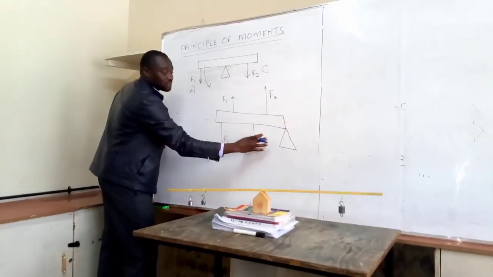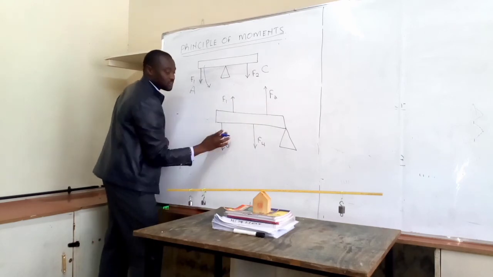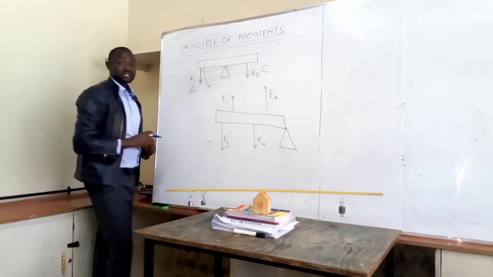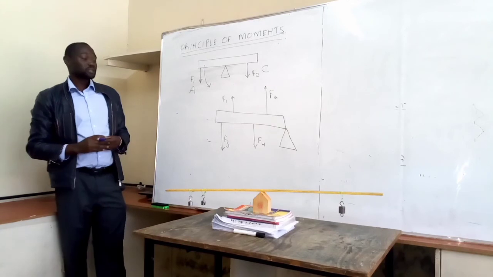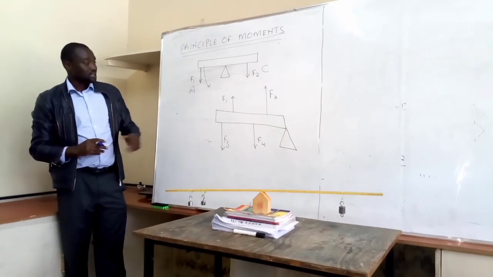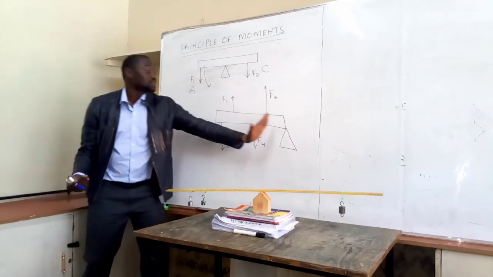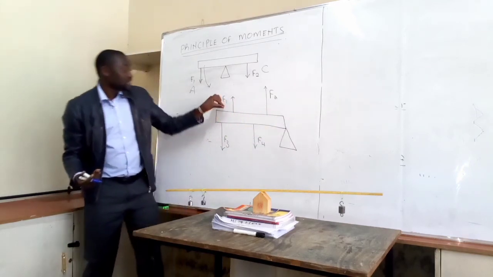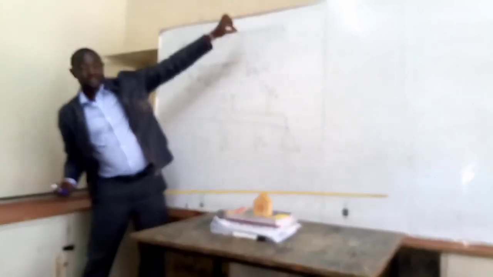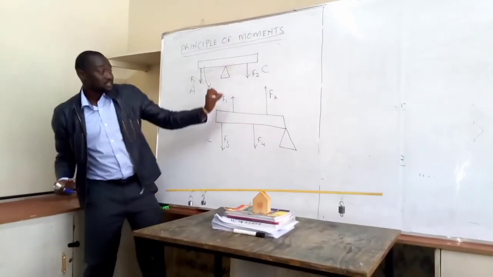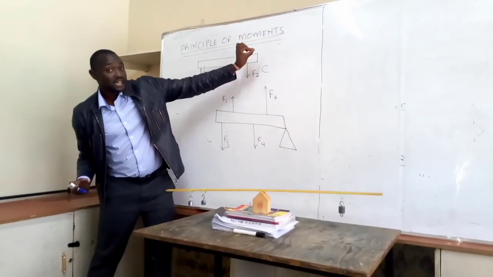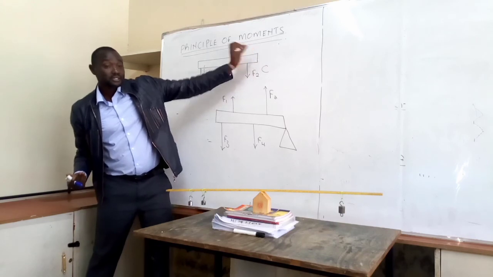By the look of things, which forces here are clockwise and which ones are anti-clockwise? Let's look at F1. I only need to check where the pivot is. This is the pivot. F1, clockwise or anti-clockwise? Which direction will the system turn? That will be clockwise.